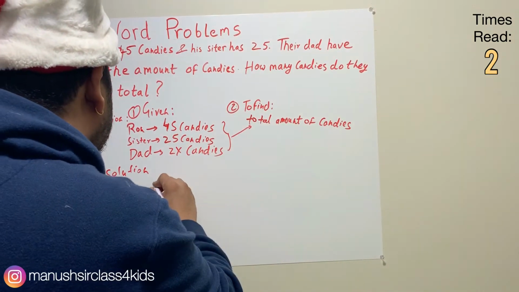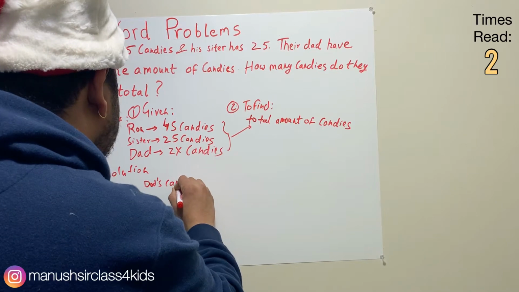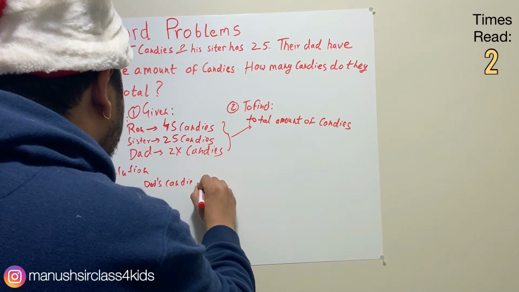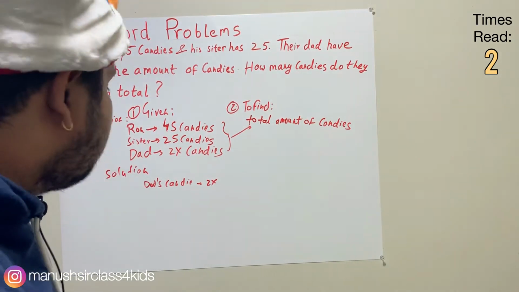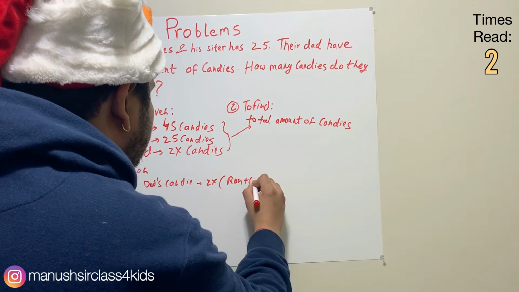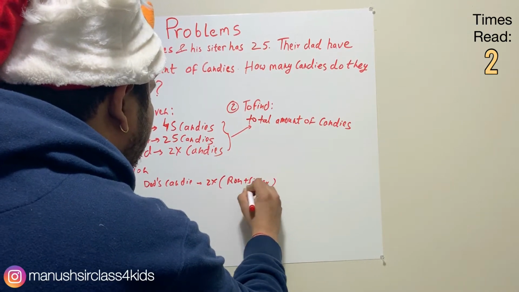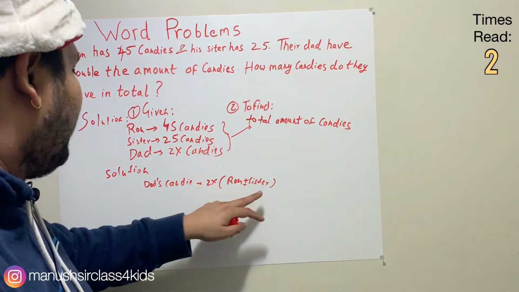So I would say the dad's candies would be 2 times the candies of Ron and his sister. So 2 times Ron's plus sister's, if we need to add them up, isn't it? The sum of these 2 candies and twice of it.